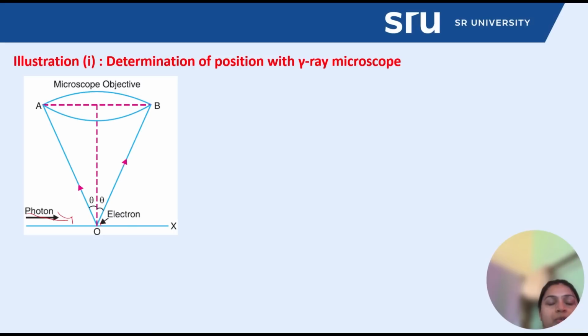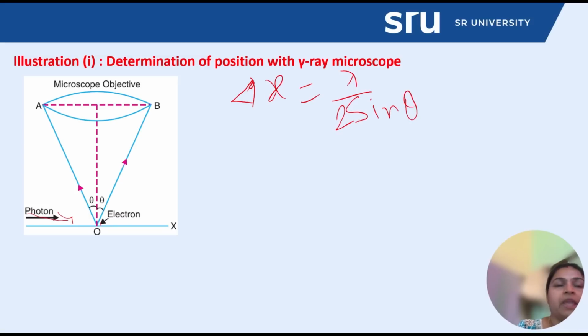The resolving power of the microscope is given by the relation delta x equal to lambda divided by 2 sine theta. Here delta x is the distance between two points which can just be resolved by the microscope, and this is the range in which the electron would be visible when disturbed by the photon.